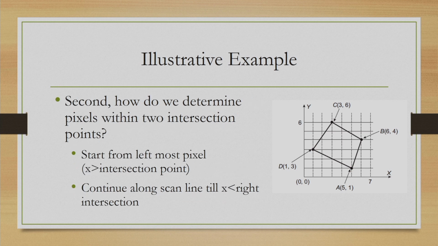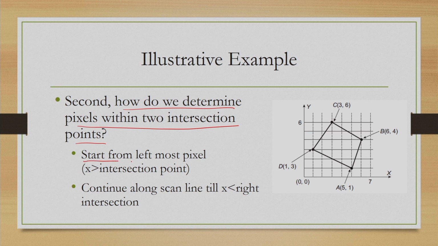Secondly, how do we determine pixels within two intersection points? This is again very simple.